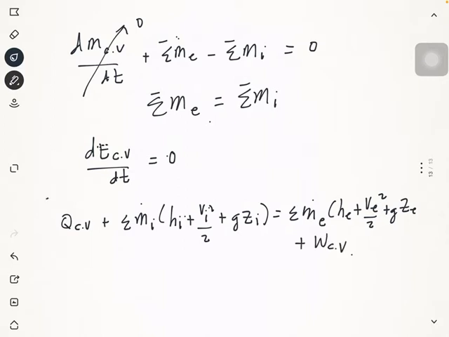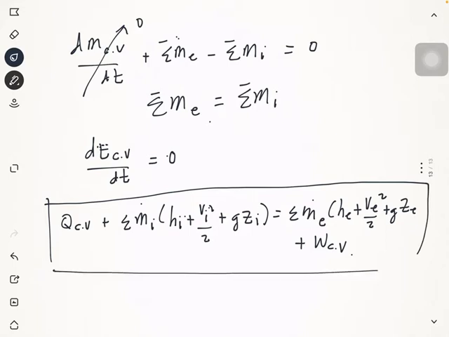So this will be the equation now for our steady state, steady flow process, wherein the mass that is entering is equivalent to the mass that is leaving. So there is a conservation of mass here.